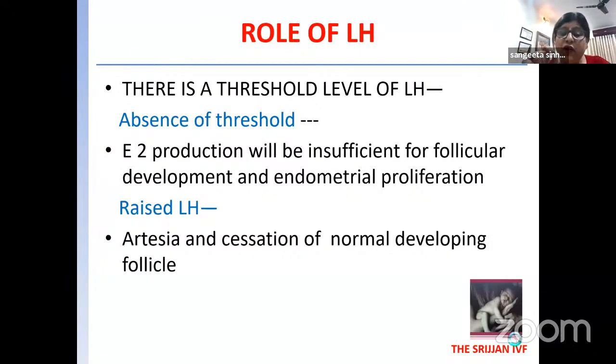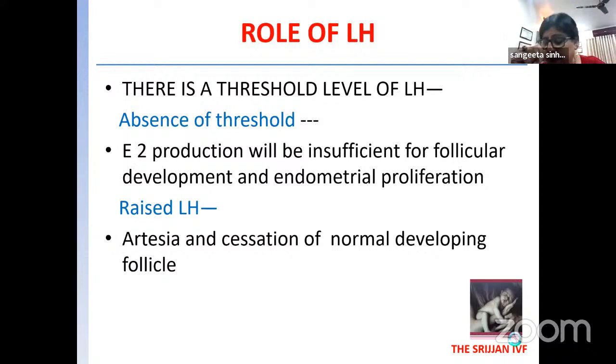If LH on day 2 is 6, 7, 8, your patient might be polycystic. If the LH is low on the 8th, 9th, or 10th day, your follicle is not going to mature. If there is no LH surge, there is no ovulation. So the threshold of LH, I feel, is more important, because you can't change the FSH, but the LH can be synchronized, and you can manage the LH by giving more of the molecule or you can down-regulate the cycle.